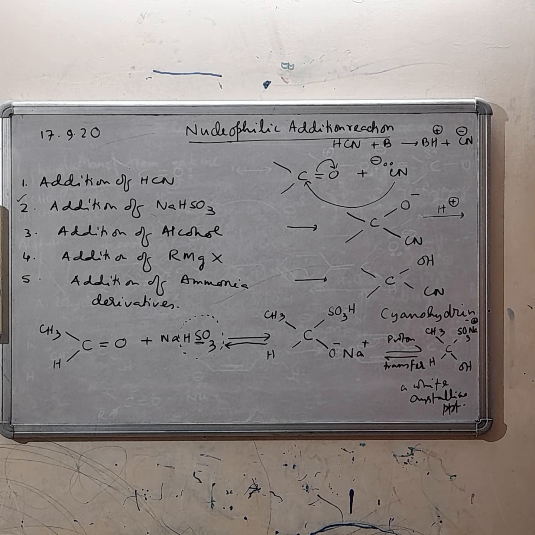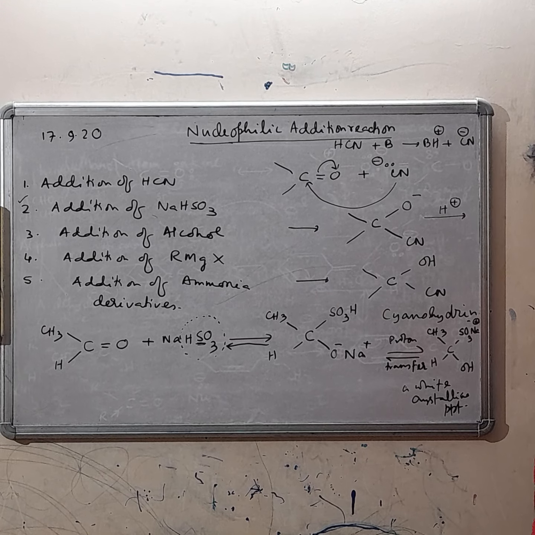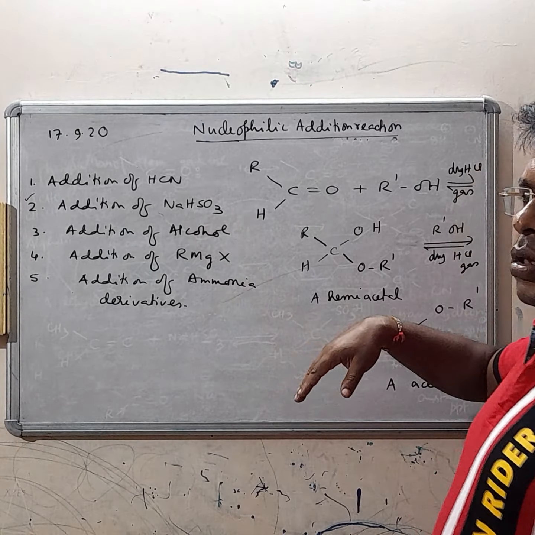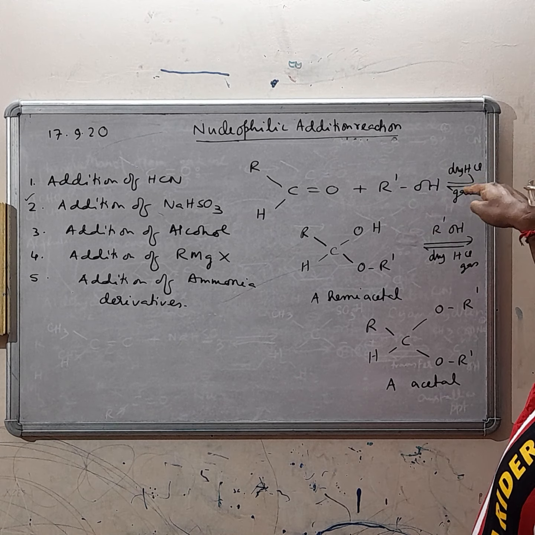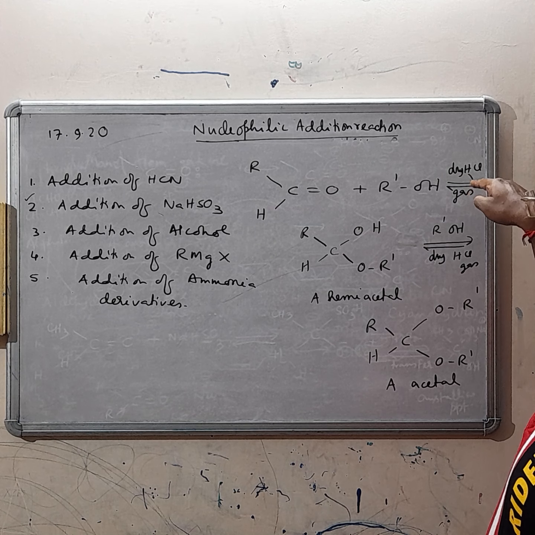Okay, now let us discuss the third reaction. That is addition of alcohol. So addition of alcohol, suppose this is an aldehyde, this is an alcohol, and this reaction takes place in presence of dry HCl gas.